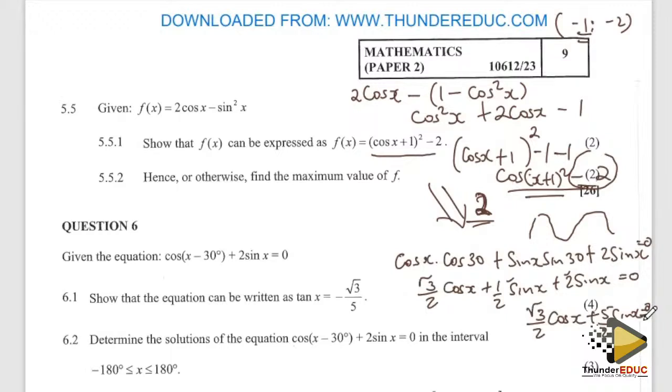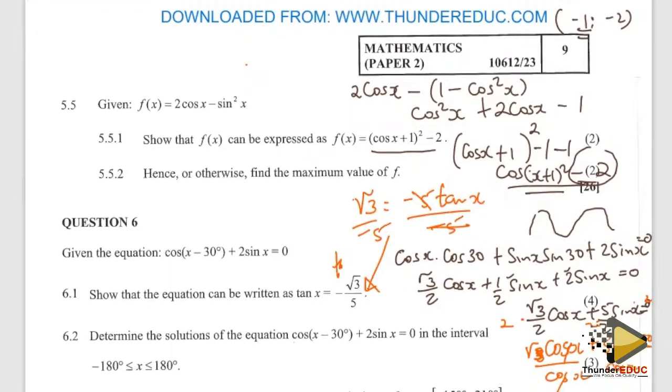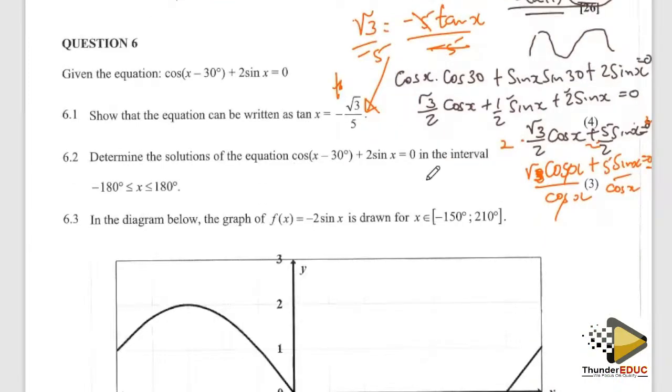Oh, that makes sense. Now let me start that expression. Then they want us to determine the general solution. Since we've simplified this whole thing to just tan x is equal to that, I'm just going to cut out this and use it to determine my reference angles.